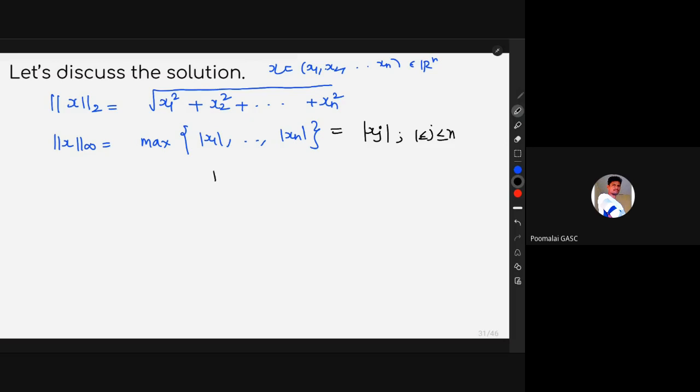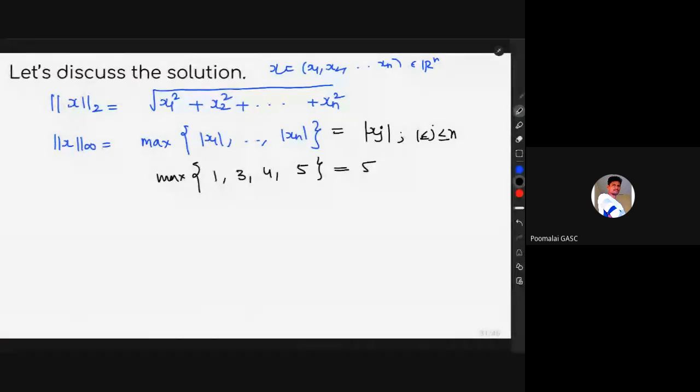For example, if I am finding the maximum of 1, 3, 4, 5, the maximum is 5, one of them. Since I am taking the maximum of finitely many real numbers, the maximum will be one of the entries. Let's say xj is that entry.